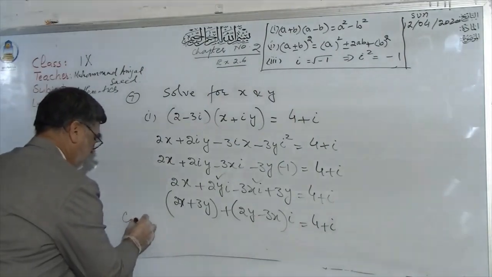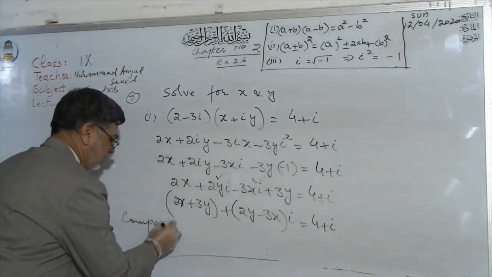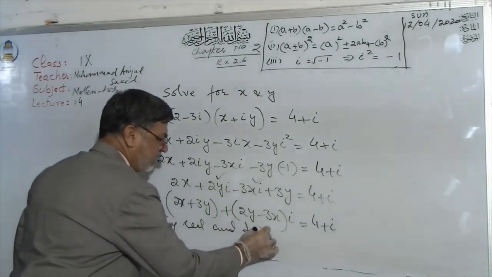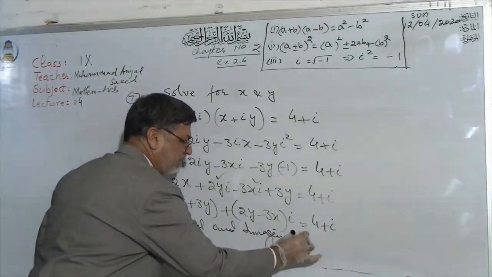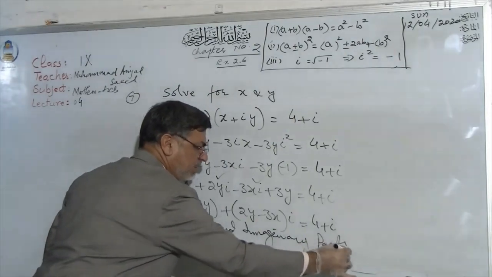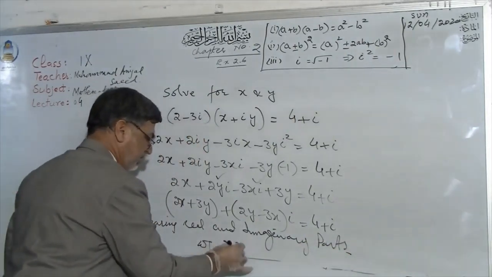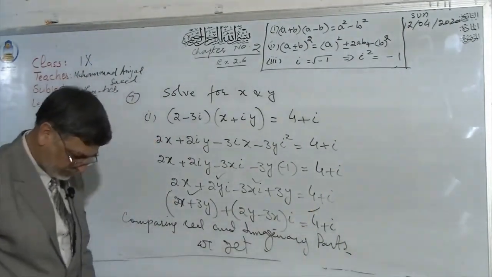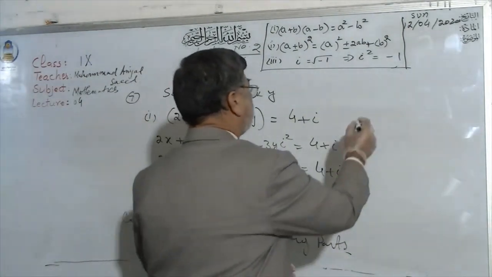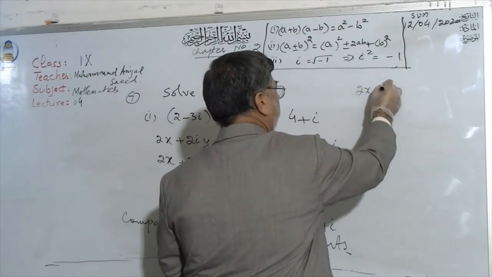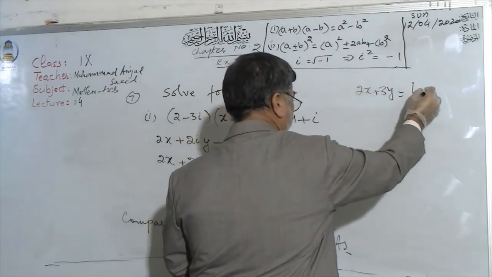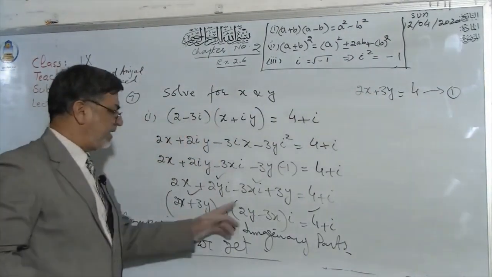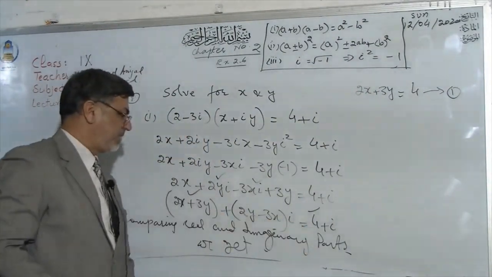Comparing real and imaginary parts, we get real: 2x plus 3y is equal to 4. This is equation number 1.